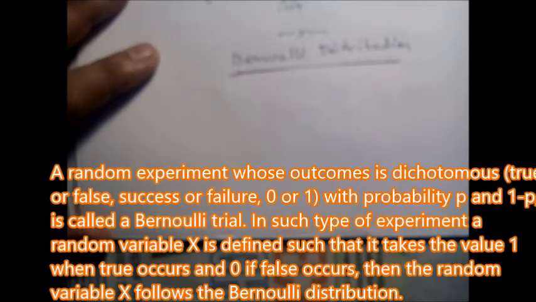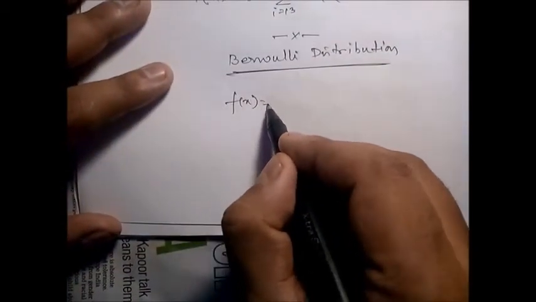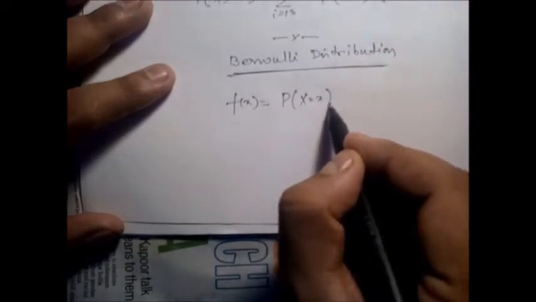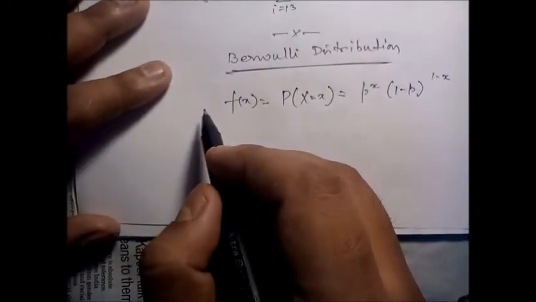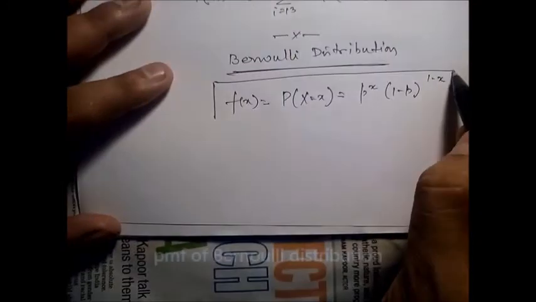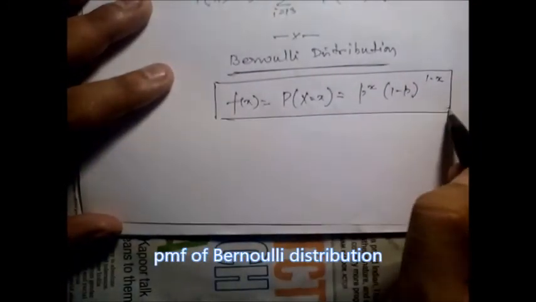In such an experiment, a random variable x is defined such that it takes the value 1 when true occurs and 0 if false occurs. Then the random variable x follows the Bernoulli distribution. Clear? The probability mass function is very simple: f(x) is equal to p^x (1 - p)^(1-x).